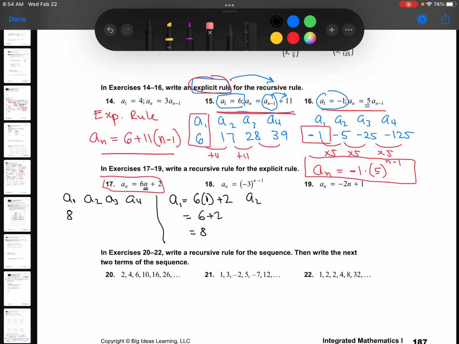Now A2 is 6 multiplied by 2. Please pay attention to this, okay? For the second term, and then add 2. And this is 12 plus 2 equals 14. So the next term is 14. Now with that, I can realize that this term here, 6 multiplied by n, turns into our d, or common difference.